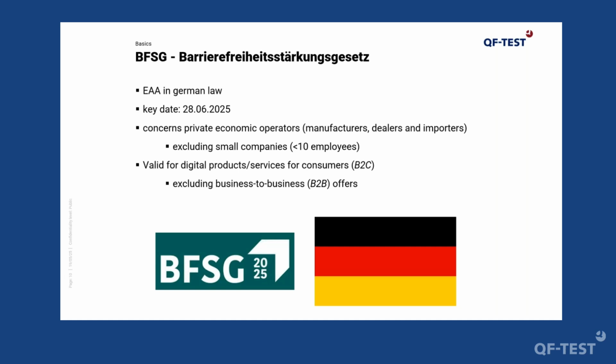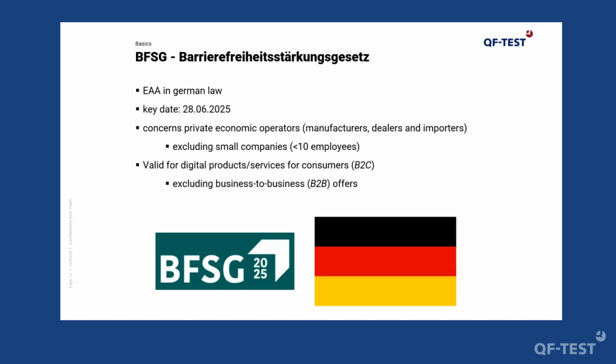We just take a lot of nouns and put them in one long string, and that's how we make words. It basically means a law to strengthen accessibility. And like every other law of an EU member state, it goes into effect at the end of June, like end of next month. So of course, there's a lot of interest in accessibility at the moment.